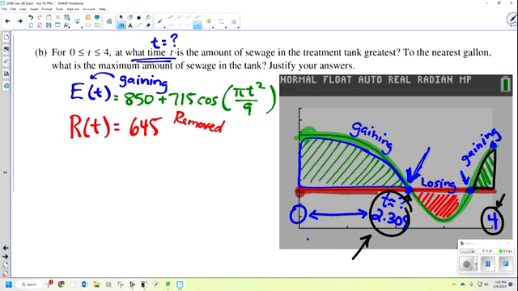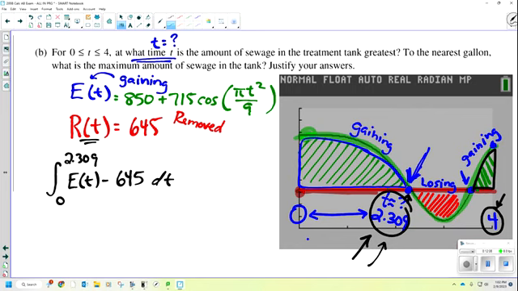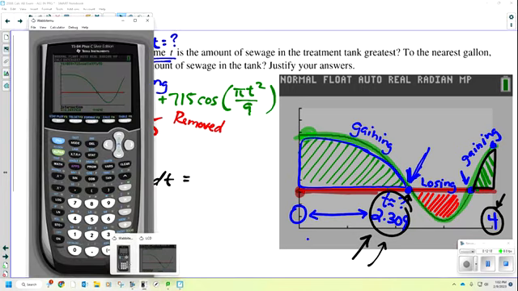Let's say we're going to integrate starting at time 0 right until that first intersection point, which is 2.309. I'm going to take E of t and subtract R of t, which is 645. I can literally write 645 here if I want, dt. And that's going to give me the gallons I have in the tank at that moment, 2.309.